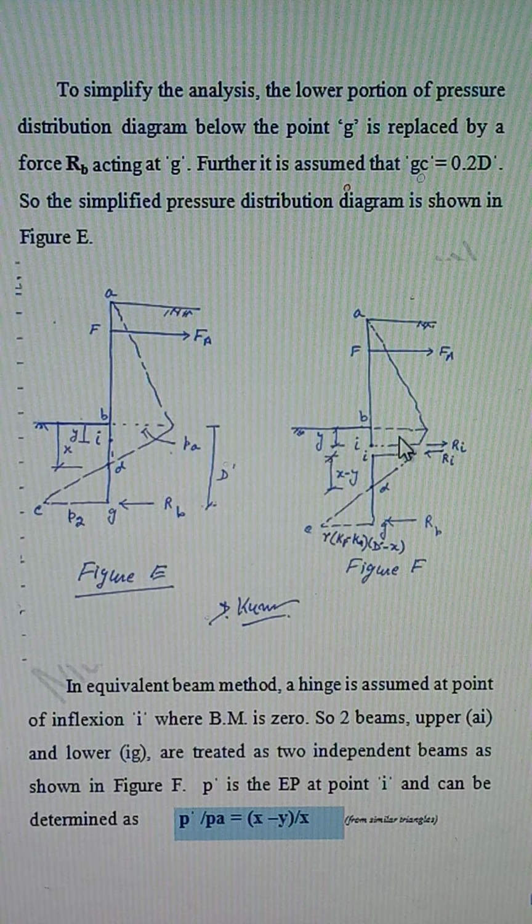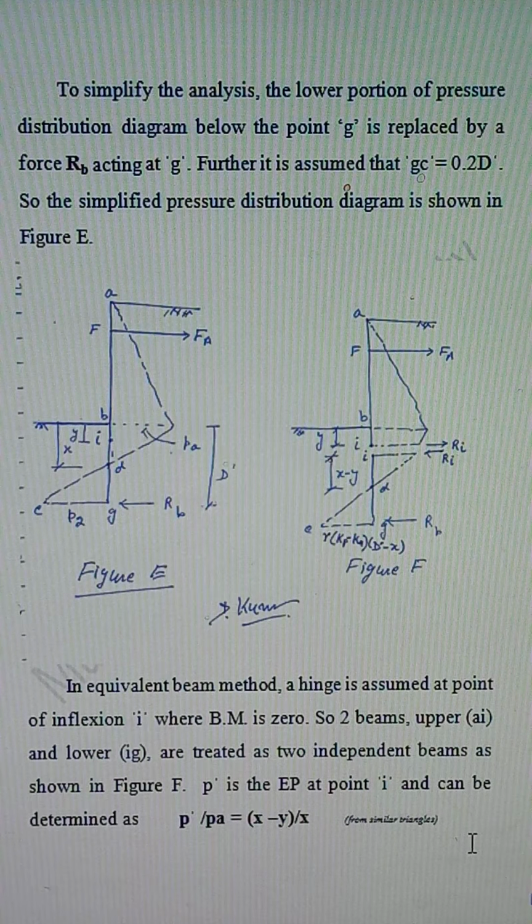If we know the value of PA at the dredge line, the distance of the zero pressure point from the dredge line is x. Now P dash is at a distance of x minus y. By equating, P dash upon PA equals x minus y by x.